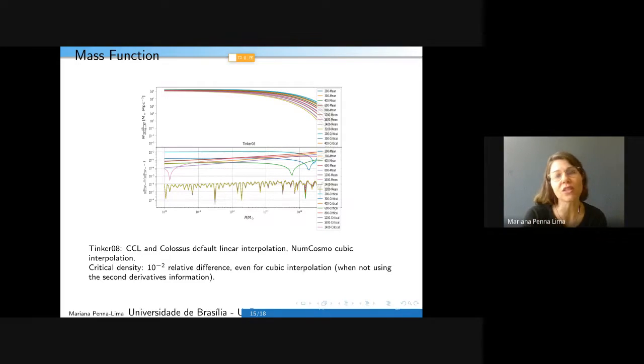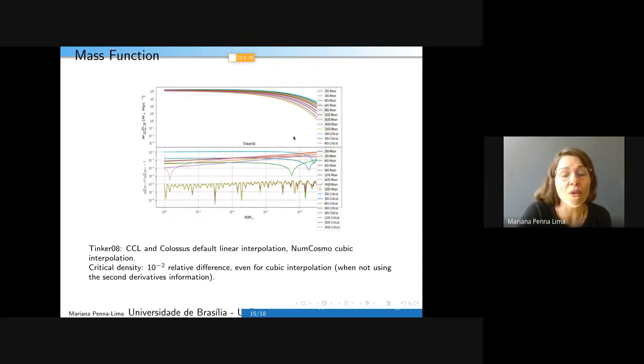But this huge difference between NumCosmo and CCL, and the same happens for Colossus, is because CCL and Colossus compute this multiplicity function considering a linear interpolation, okay? Whereas NumCosmo uses the cubic interpolation, including the second derivatives information that's provided in Tinker's paper, okay?